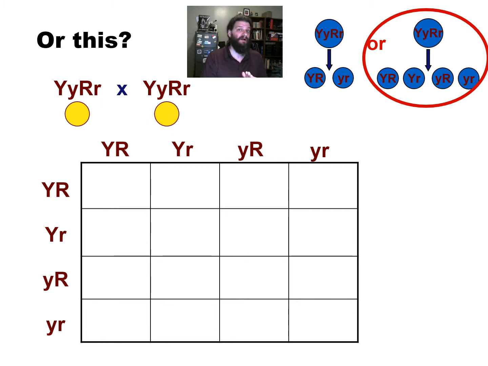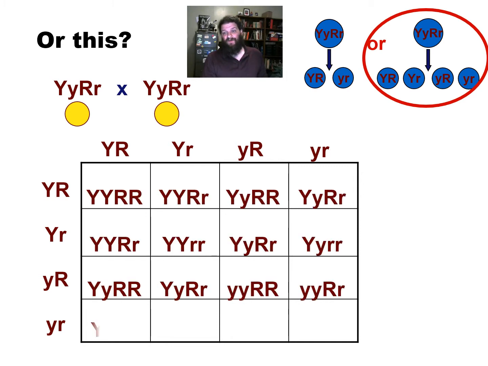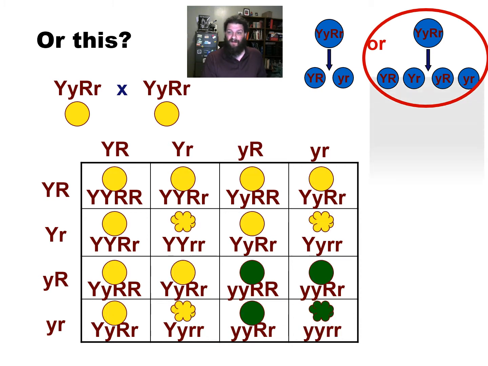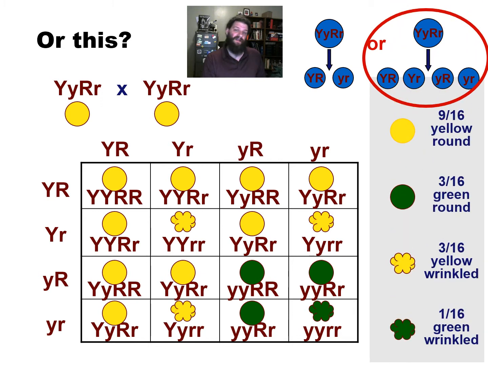Remember, a Punnett square is to work out the possible gametic combinations. When we start putting these together and fill out the Punnett square with all the possible combinations, we can see here the 9-3-3-1 that we're trying to match from the experimental results.